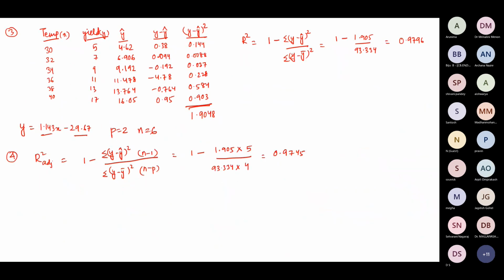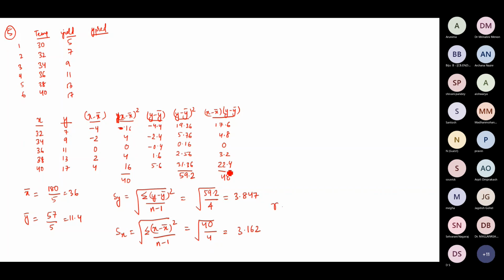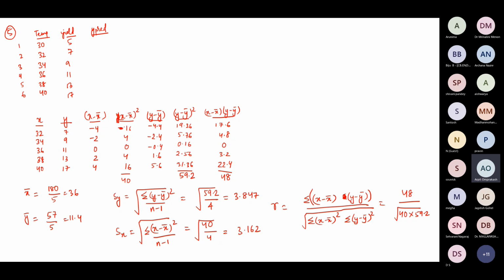Then for R we have 48 divided by the root of 40 into 59.2. 40 into 59.2 is 2368, and the root of 2368 is 48.662.